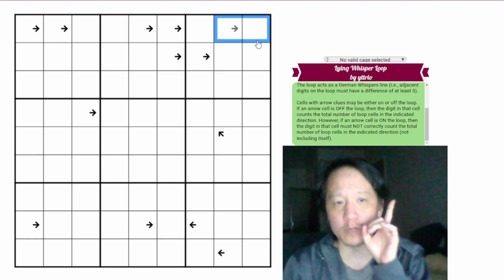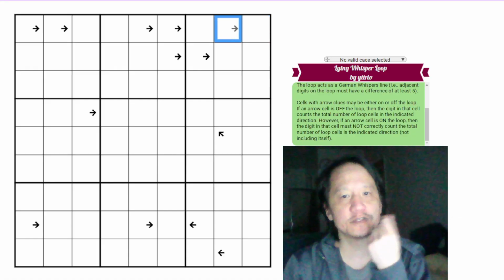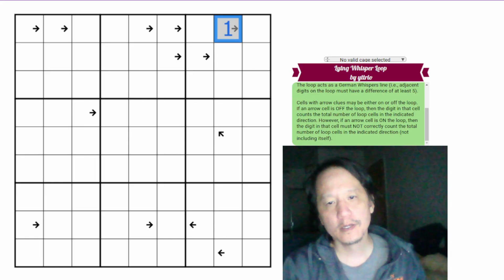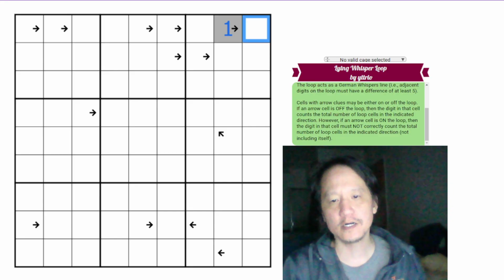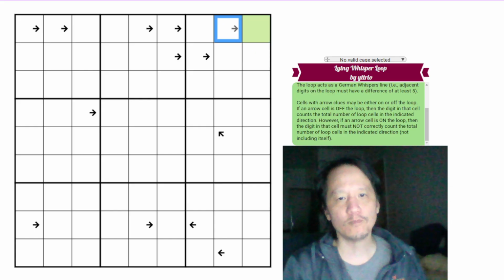And it can only be 1 because there's only one thing it's pointing to. So if this is off the loop, this would have to be 1, and it would point to something that's on the loop. But then the problem is the loop would have to continue on to the 1 and make that on the loop. So that cannot be off the loop. So that cell specifically has to be on the loop.